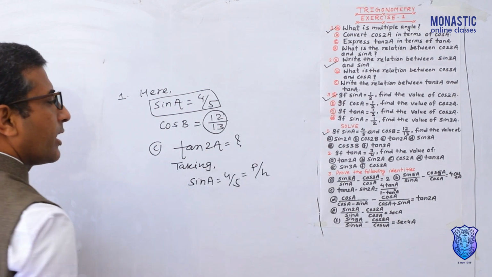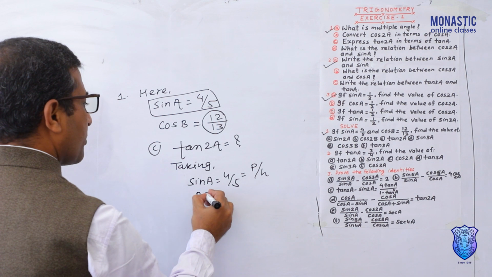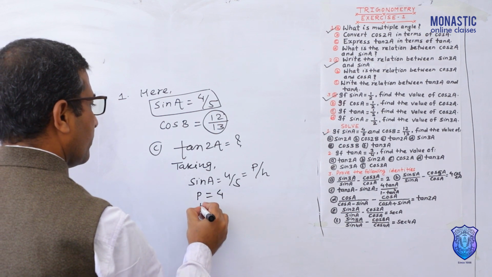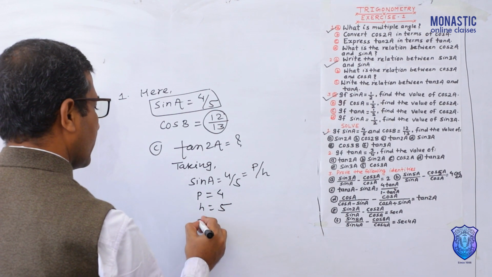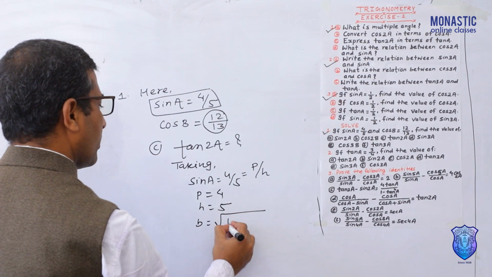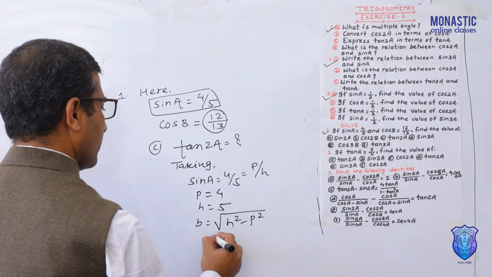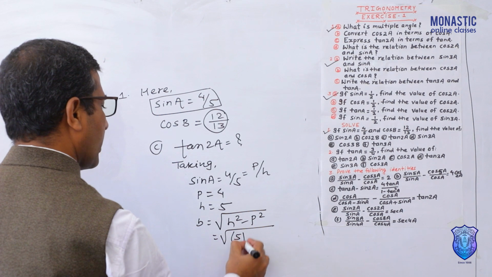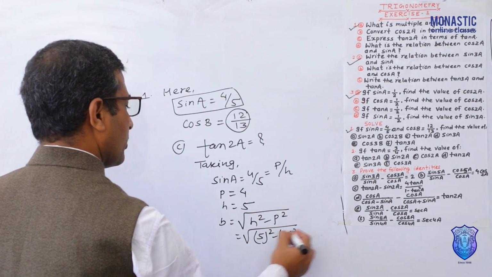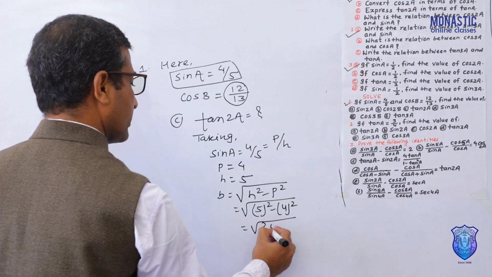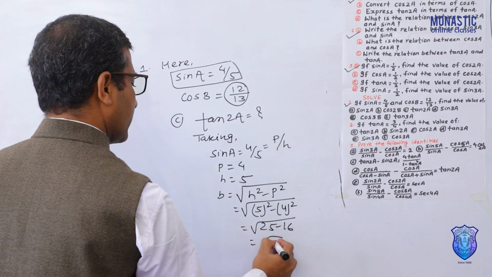We have the formula in PBH. P equals 4, H equals 5. Then we can find the B formula. It came 5 square minus 4 square, 25 minus 16. It came 3.